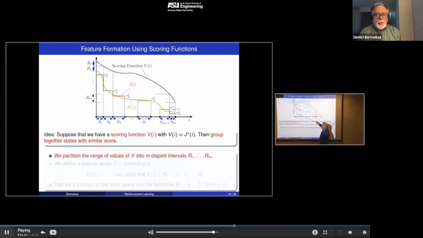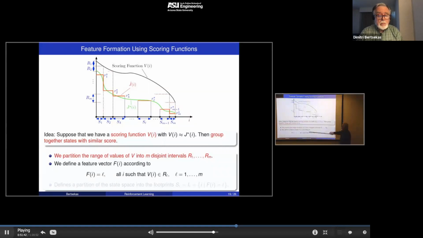And the corresponding states, we call the footprints of a feature, a representative feature. So a representative feature would be the middle point, let's say, of this interval that corresponds to the topmost range. Another representative state feature would be here, here, and so on.